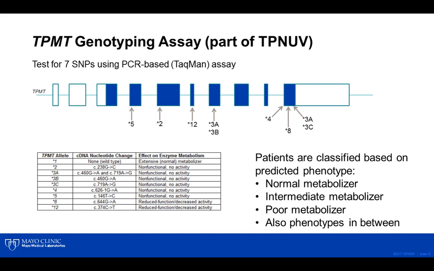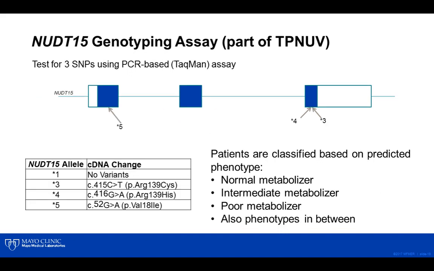As you can see, we are able to detect 7 single nucleotide polymorphisms, or SNPs, with our assay, while most laboratories typically only detect 3 to 4 SNPs. The genotyping results are then used to categorize patients into groups by predicted TPMT activity phenotype, including normal metabolizer, intermediate metabolizer, and poor metabolizer based on the alleles detected.